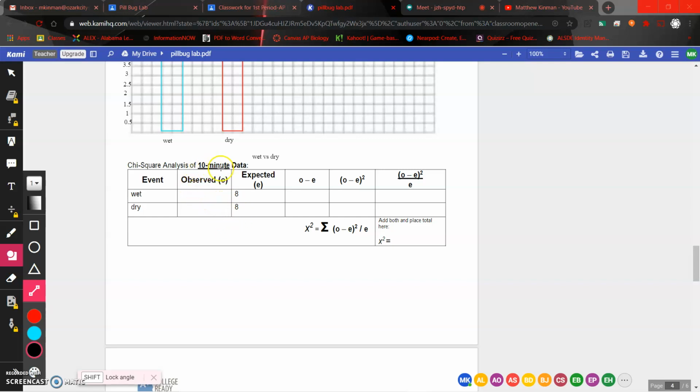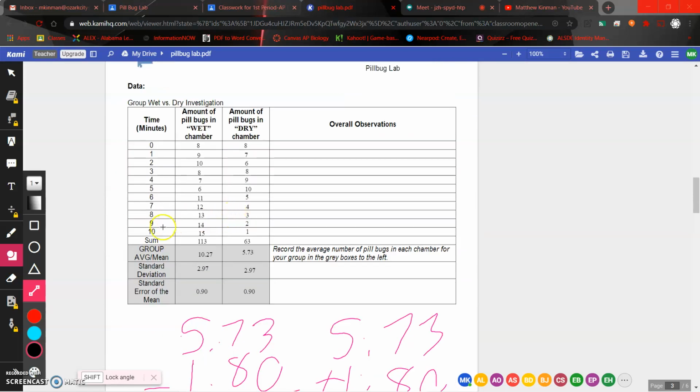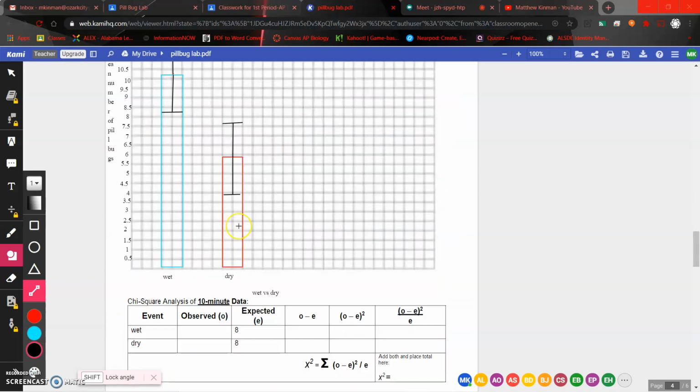So now for the 10-minute data, we're going to put here what we observed for wet, and here what we observed for dry. So for me, in my fake data, at 10 minutes for wet, there were 15. For dry, there was 1.